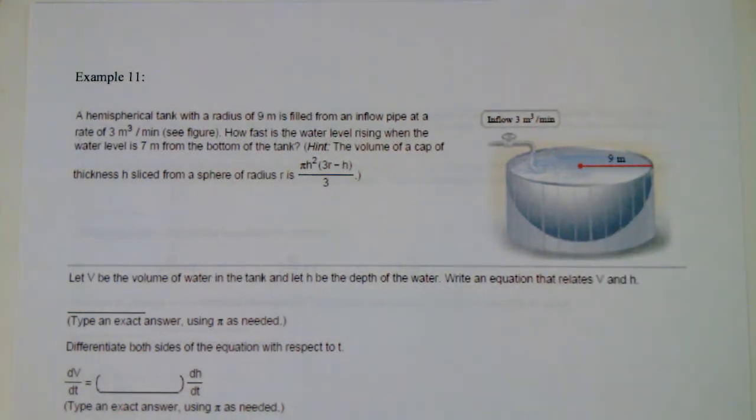How fast is the water level rising when the water level is 7 meters from the bottom of the tank? Now here they're giving you a hint that the volume of a cap of thickness h sliced from a sphere of radius r is going to be this: pi times h squared times the quantity 3r minus h, and the whole thing is divided by 3.